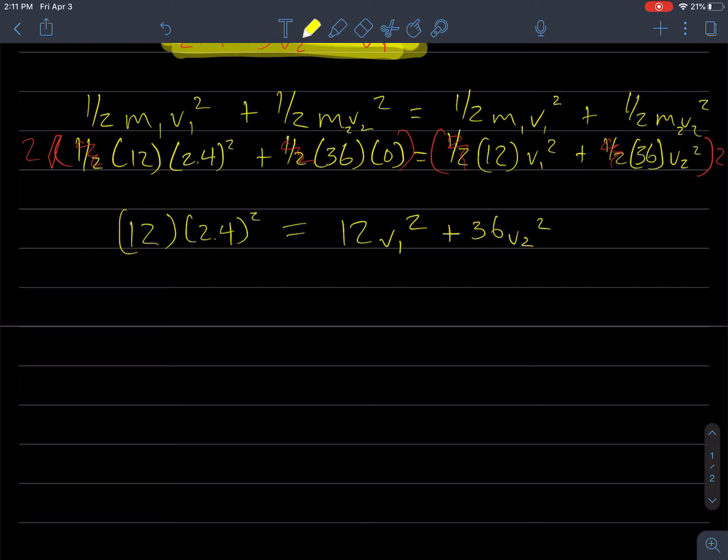All right, we can further simplify. 12 times 2.4 squared. 2.4 squared is 5.76 times 12. We're going to get 69.1 equals 12 V1 squared plus 36 V2 squared.